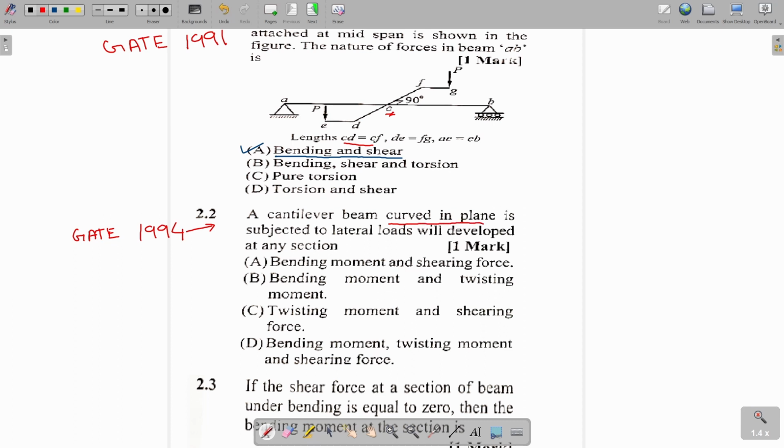Curved in plane means a cantilever beam is supposed to be straight, but in this case the cantilever beam is curved like this.